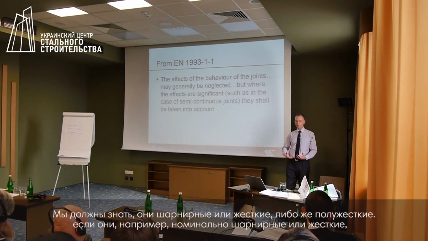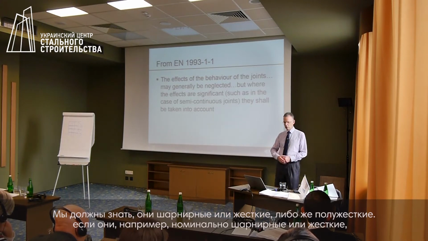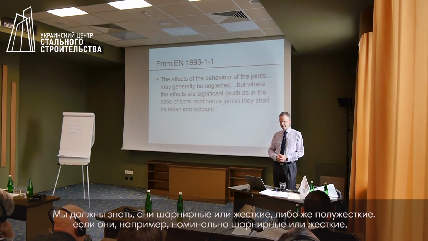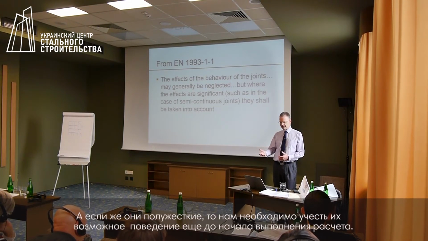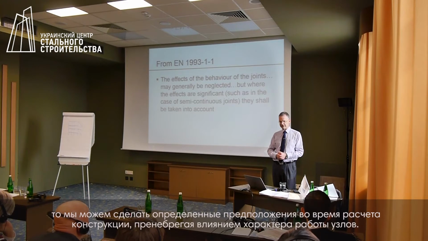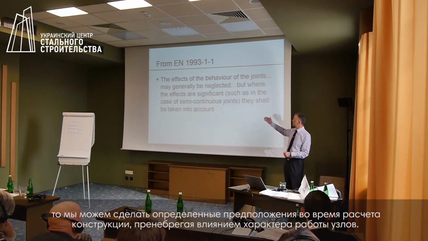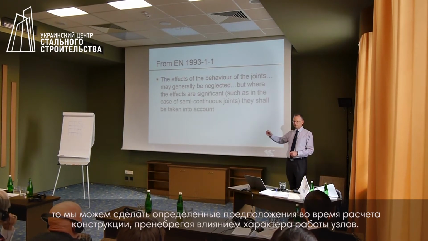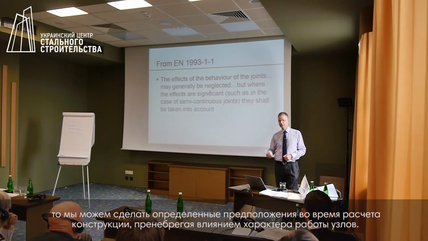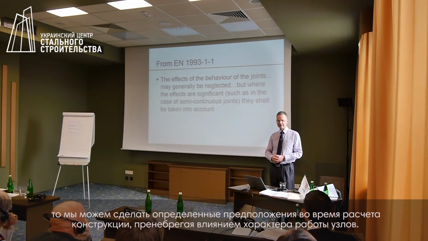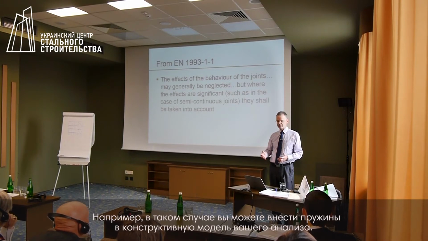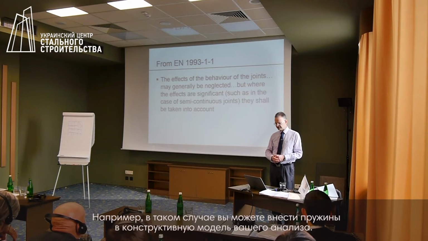We must know whether they are nominally pinned, or whether they are continuous, or whether they are somewhere in the middle. Because if they are nominally pinned or rigid, then we can make assumptions about them in the analysis. But if they are semi-rigid, we need to account for their behaviour when we are undertaking the analysis. So, for example, you might introduce springs into your analysis model.